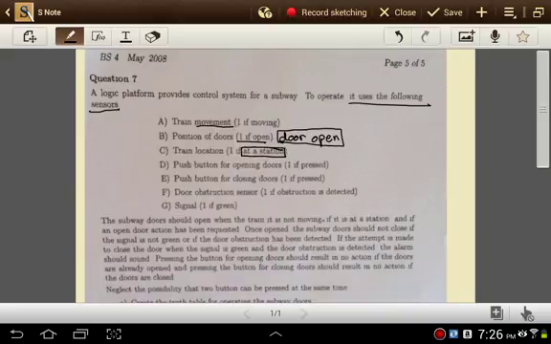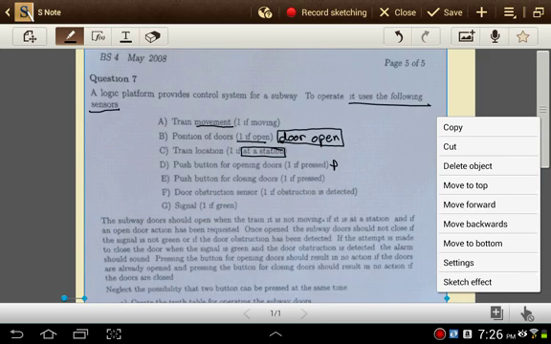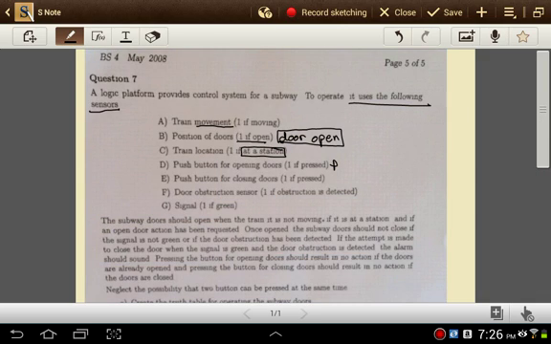Push button for opening doors. Let's say PB is push button. So PB open. And then PB close. So obstruction sensor, let's call that obstruct, abbreviated like this.